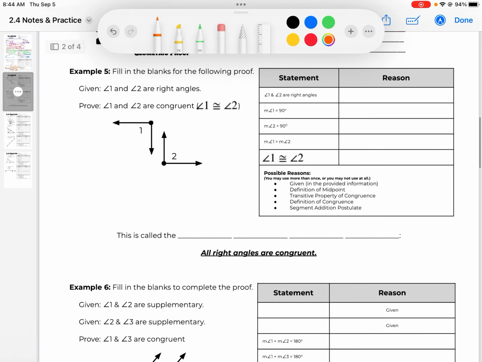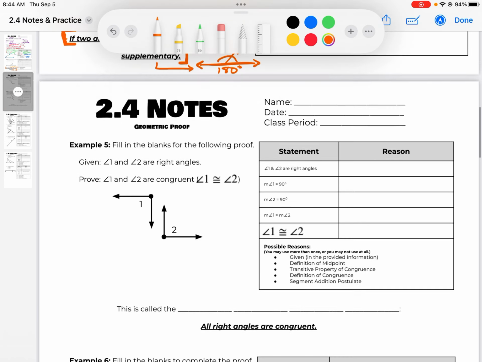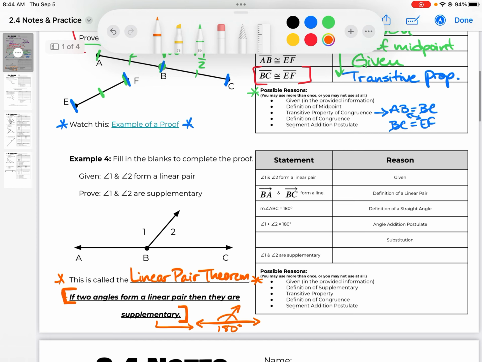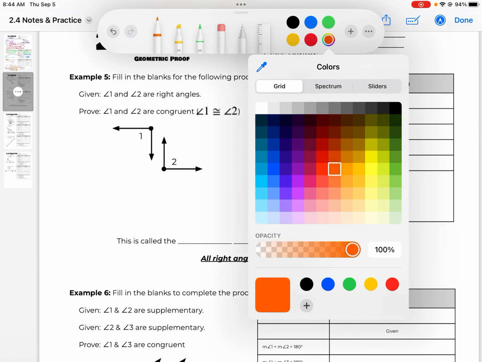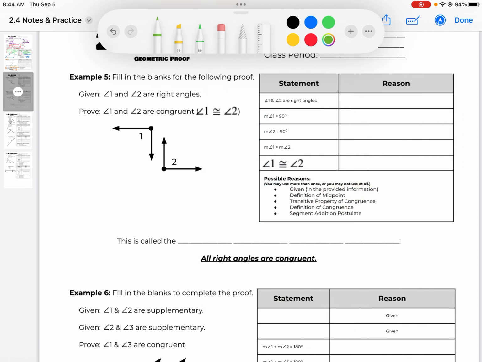Second is going to be under example 5. And the reason these are tied to the examples is because they demonstrate what we're talking about. So example 4 demonstrates the linear pair theorem. Example 5 demonstrates the one we're about to talk about, which is the right angle congruent theorem.